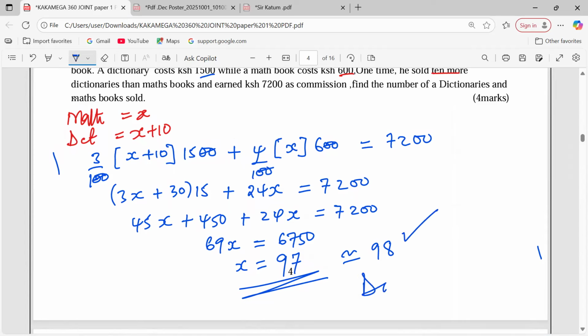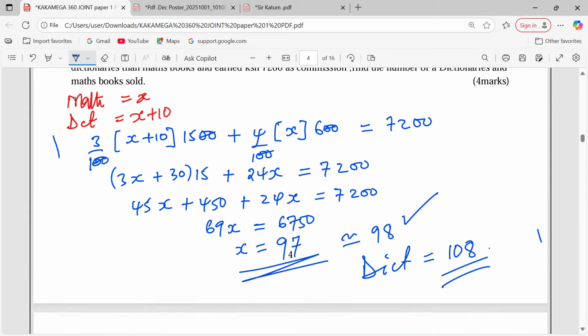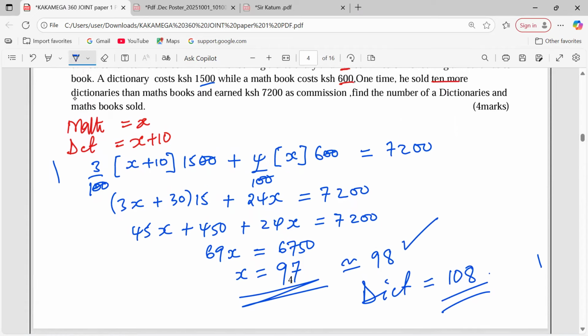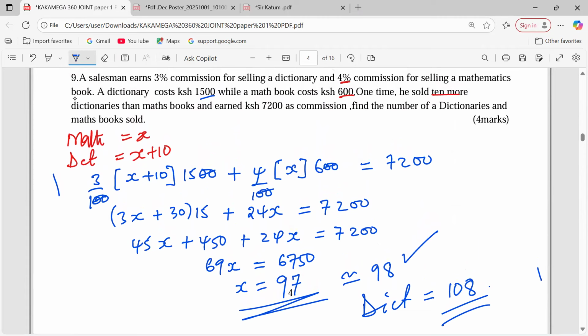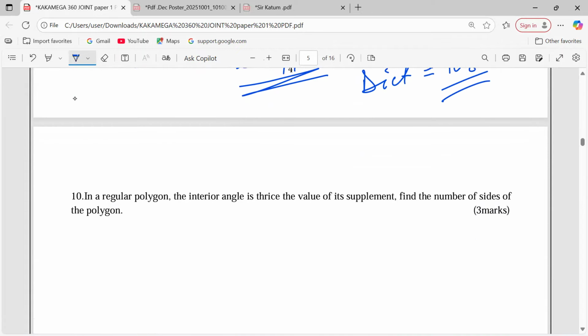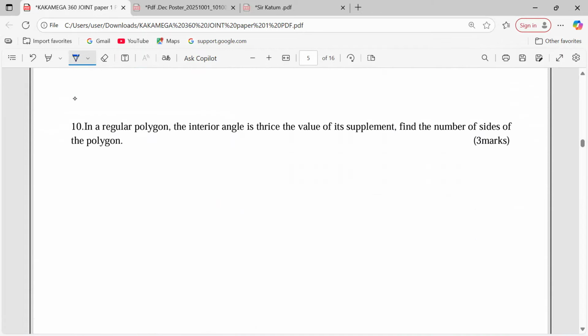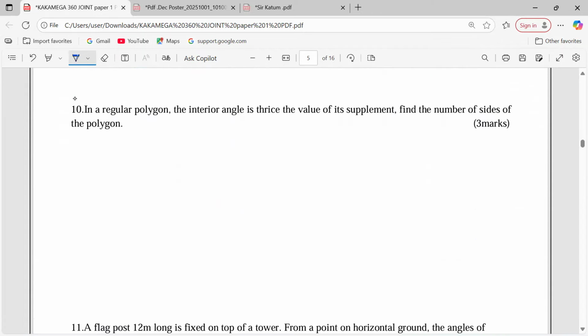Then dictionaries will be, we add 10 to these. So 108. So we can work with that decimal, but I really don't like that. I expected a serious whole number. Anyway, I've shown how the question should be interpreted.